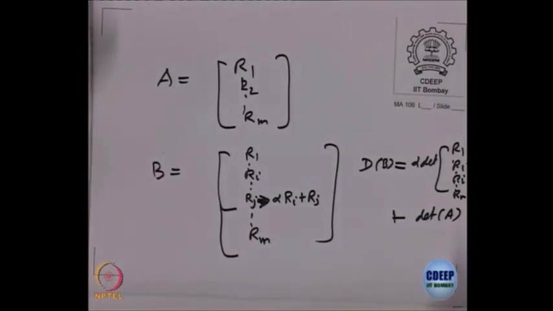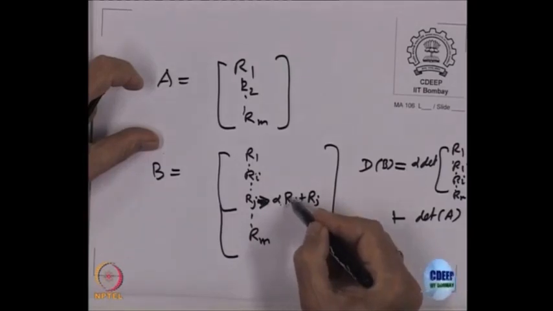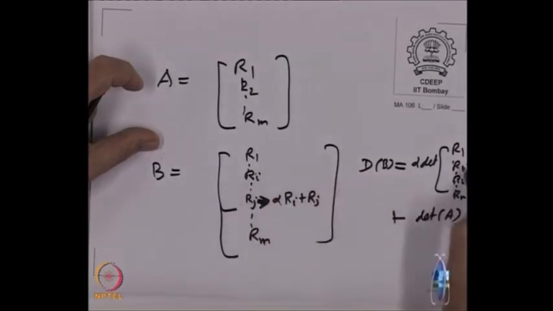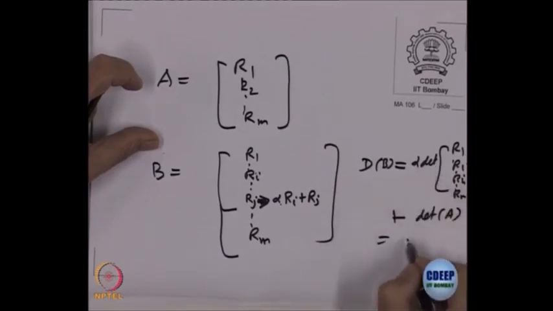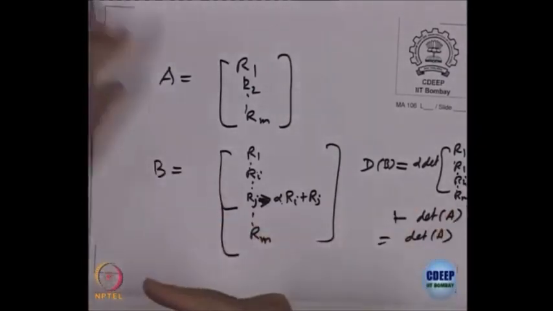By linearity, alpha comes out, Ri at the ith and jth places, and the other is just A. This first one is 0, so it is equal to the determinant of A, nothing more than that. Again using the linearity property and the property that if two rows are identical then the determinant is 0.